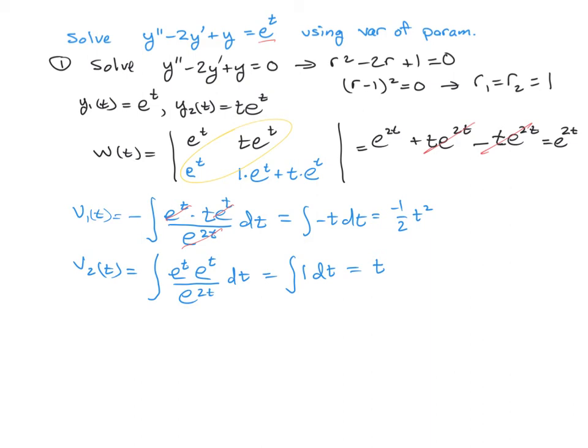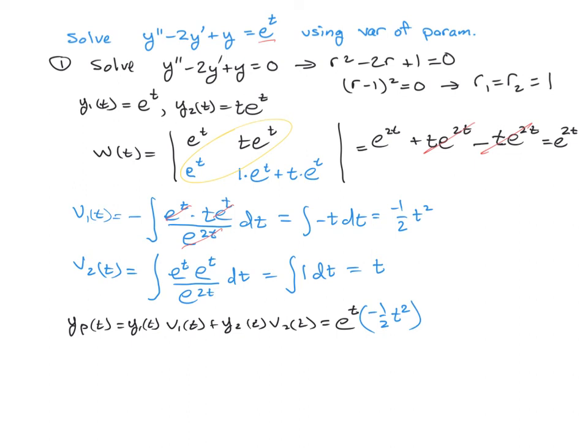Now our formula for the particular solution is always y1 of t times v1 of t, plus y2 of t times v2 of t. So for this problem, the y1 of t was e to the t. The v1 that we found was negative 1/2 t squared.